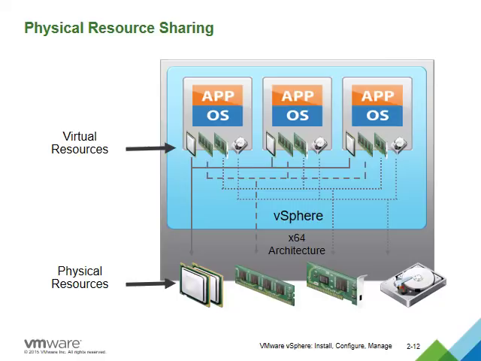Different virtual machines can run different operating systems and applications on the same physical computer, so you're virtualizing that whole environment and getting better use out of the equipment you have on site.